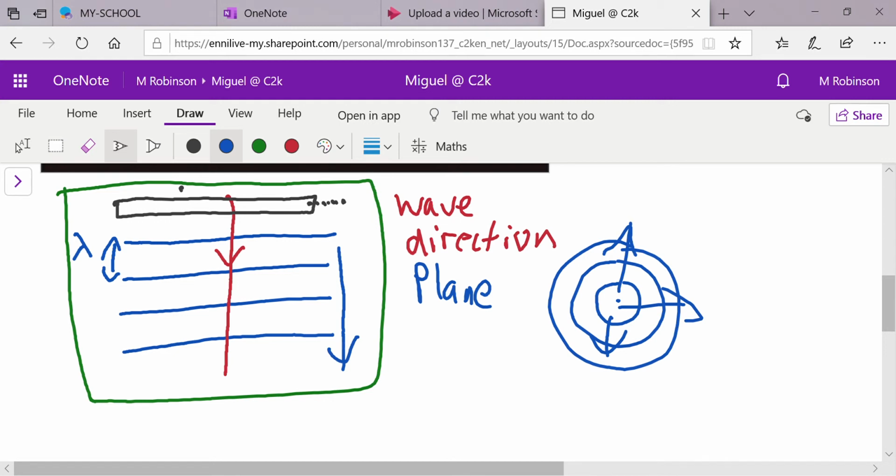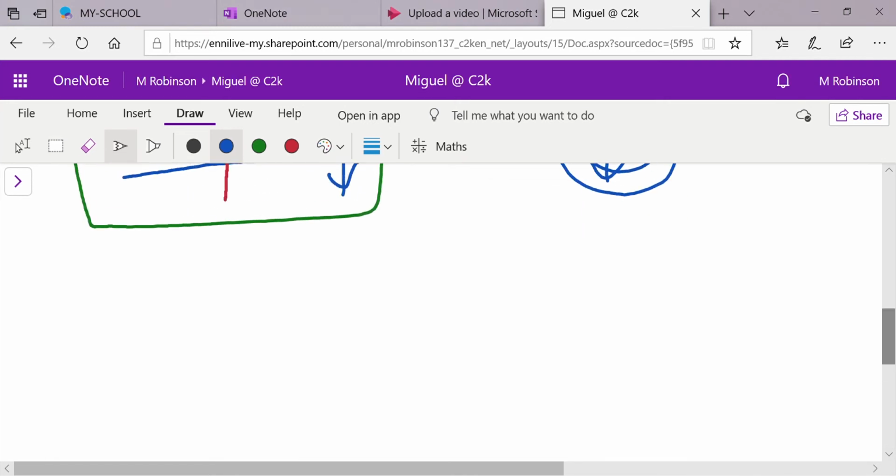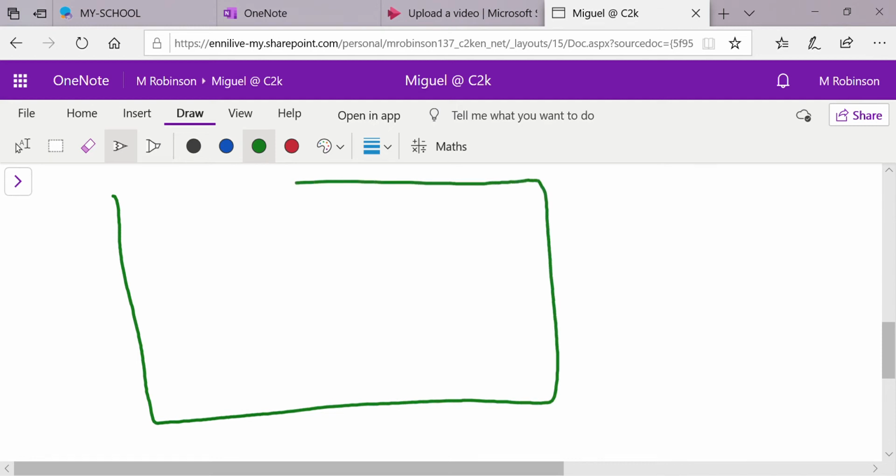Okay, so let's think a little bit about reflection then. What happened in reflection? If I draw the ripple tank, so that would be the ripple tank there.